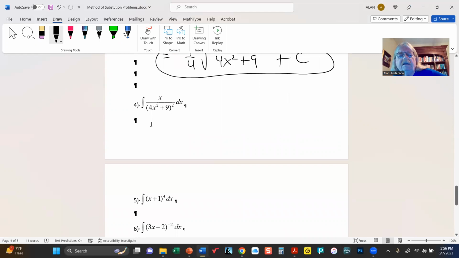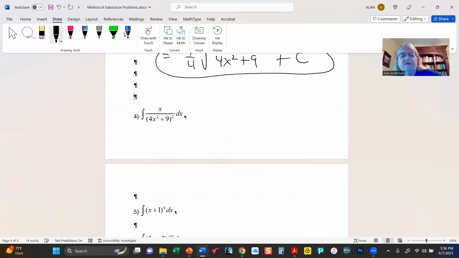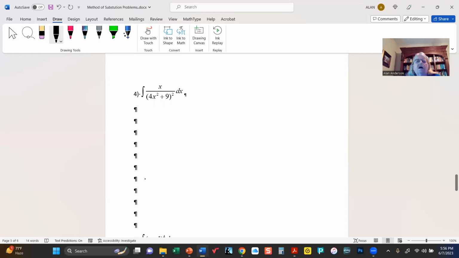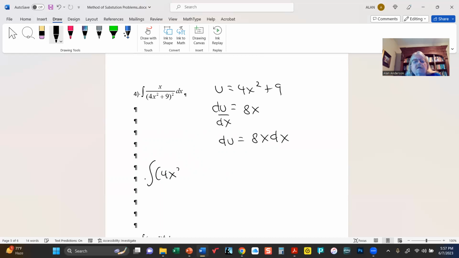Ooh, okay. All right. Well, you know what? This one looks similar to that last one. Very similar, as a matter of fact. Let's try u equals 4x squared plus 9. So we've seen this again. The only thing that's different here is that this is the same thing as 4x squared plus 9 to the minus 2 power.